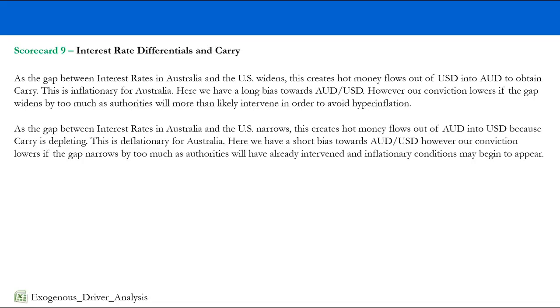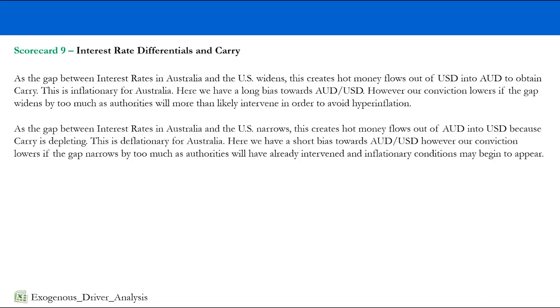And the opposite rings true. As the gap between interest rates in Australia and the US narrows, this creates hot money flows out of the Aussie dollar into the US dollar because the carry is depleting. Essentially, interest rates in Australia are becoming less attractive to the United States.